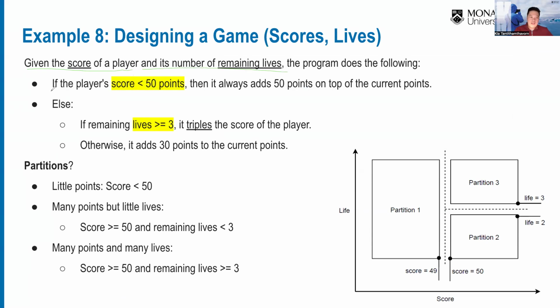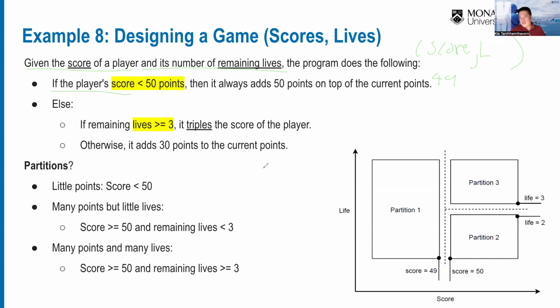If the player score is less than 50 points, okay, so the inputs here are the score and the remaining life, let's say L. If the score is less than 50, let's say 49, then it always adds 50 points on top of the current points. Otherwise, if the remaining lives are greater than 3, it triples the score of the player. Otherwise it adds 30 points to the current points.